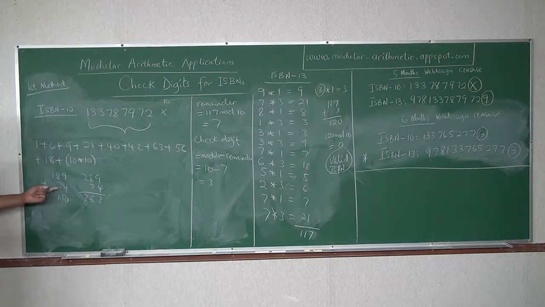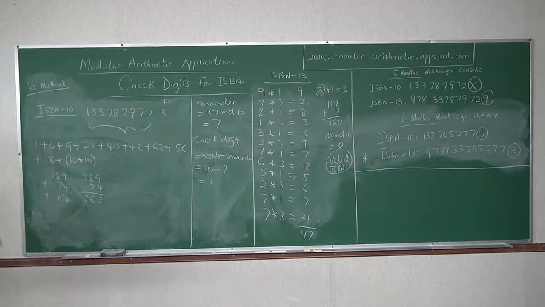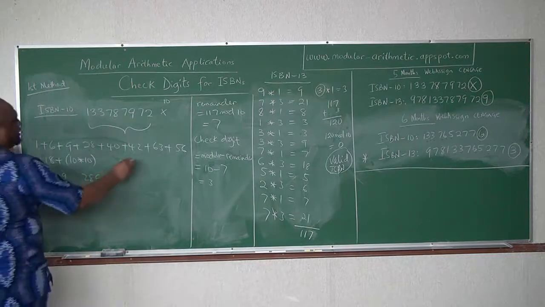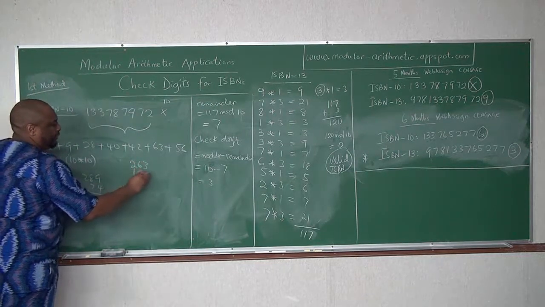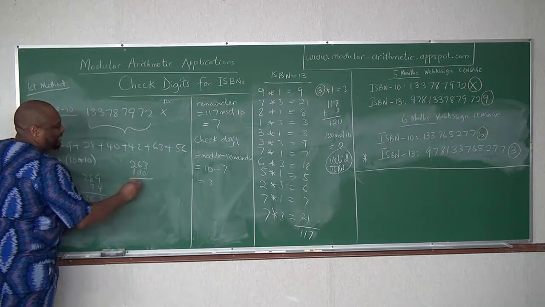You know what we had then? We had 263. 263 was what we had as the sum. Okay, 263 plus 100, because 10 times 10, and that is 363.